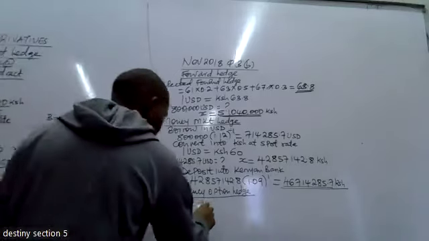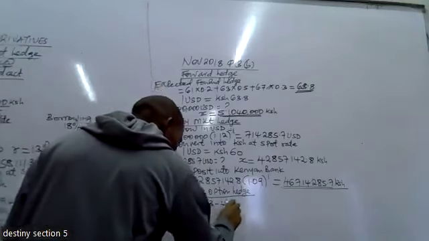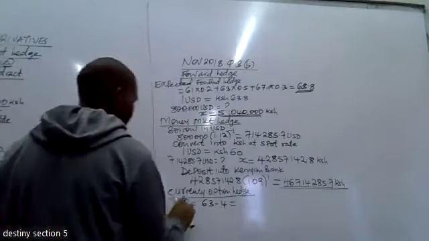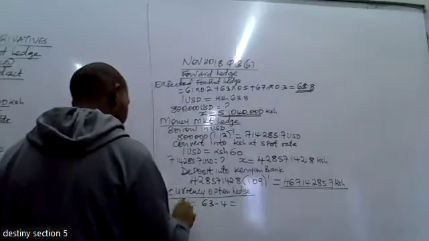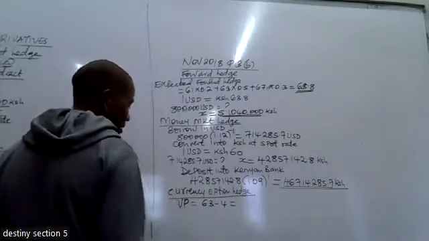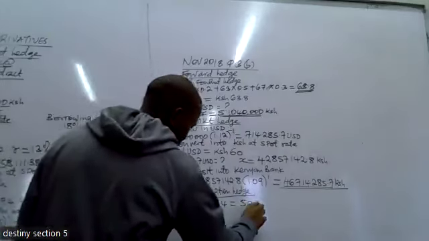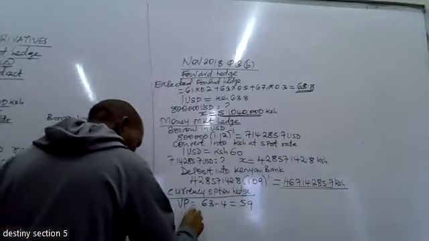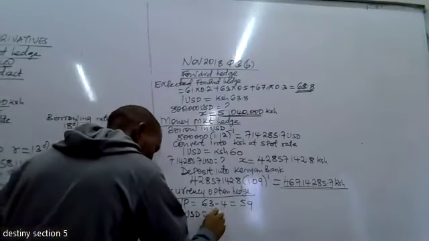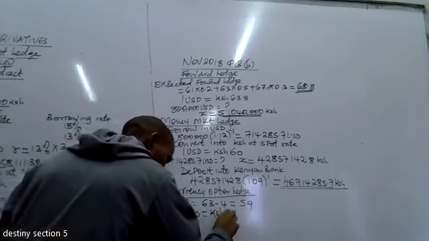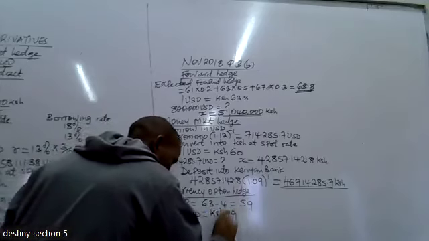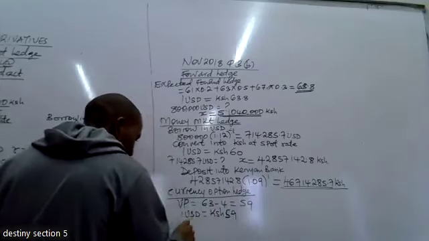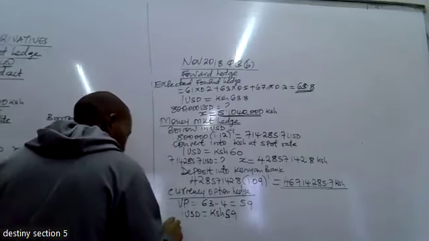So I've just said 63 minus 4. That means the value of the put is how much? 59. So this is now what will be our exchange rate. 1 USD is equal to Kenyan shillings 59.